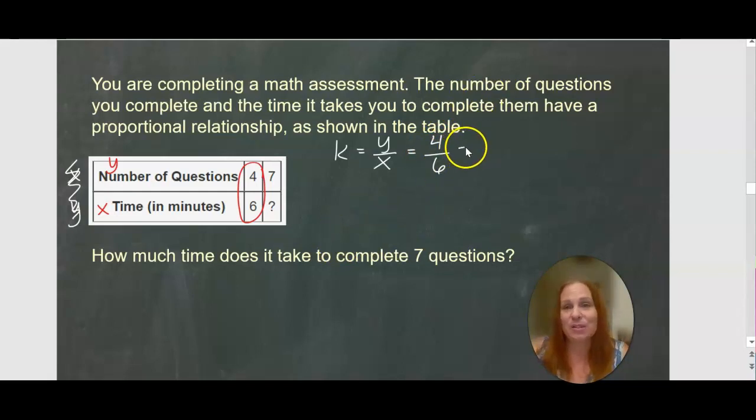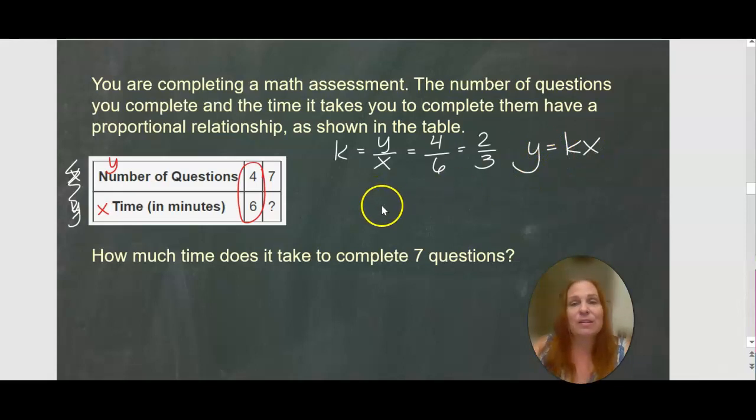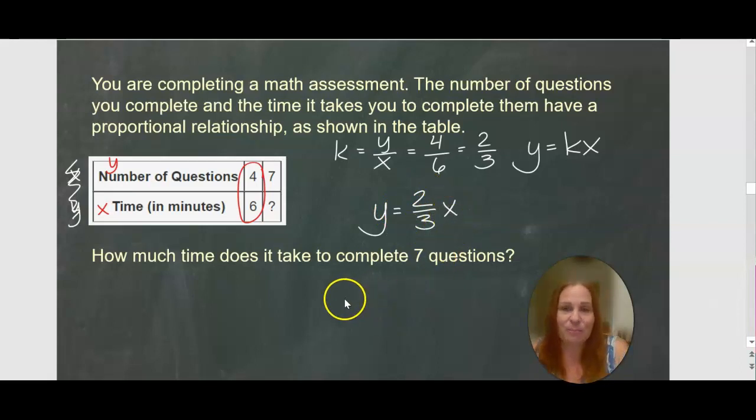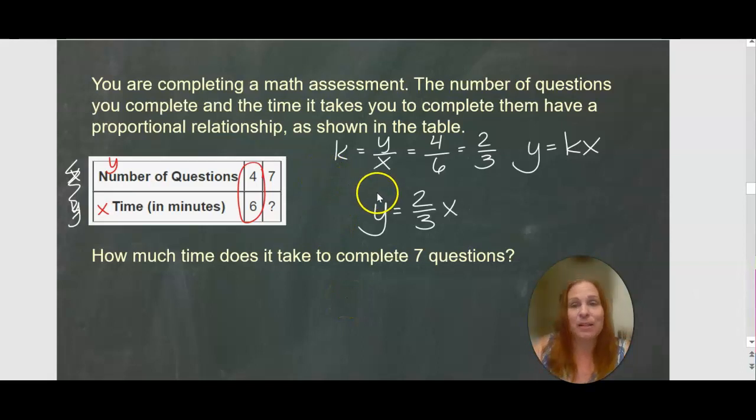Okay, I'm going to reduce that. That can be reduced to 2/3. So my k, or my constant of proportionality, is 2/3. So now I'm going to use my equation y equals kx to write y equals 2/3 x.